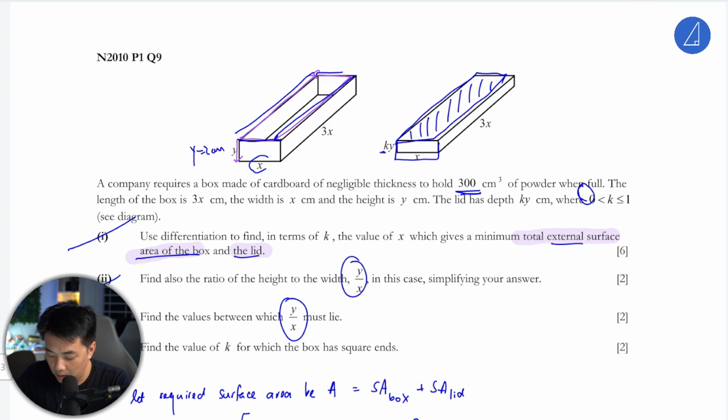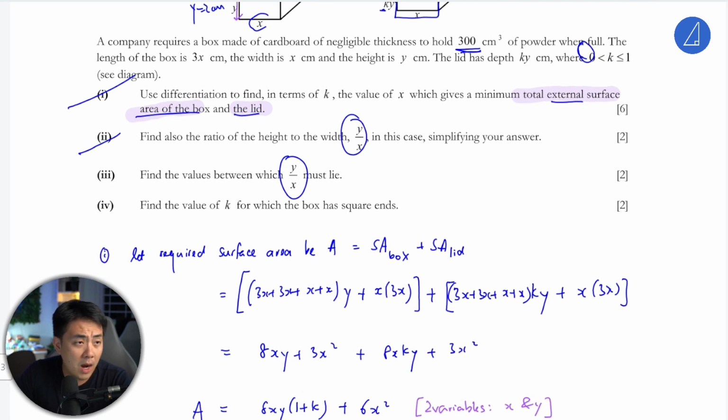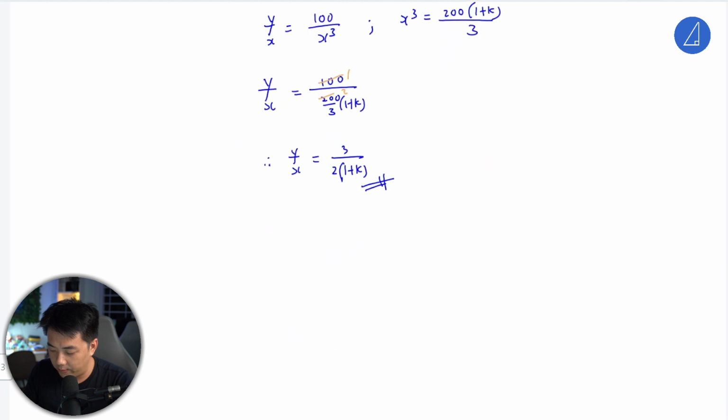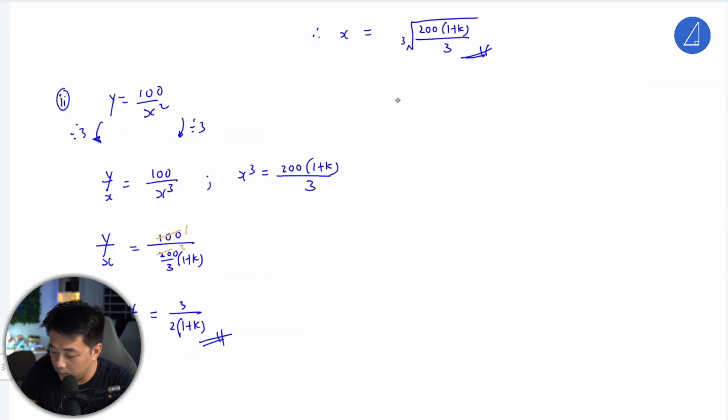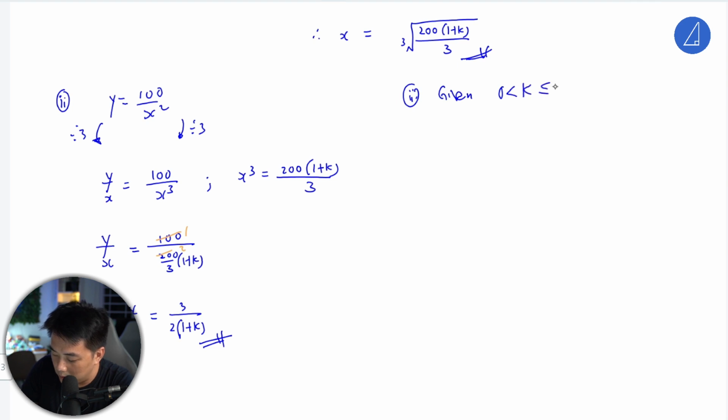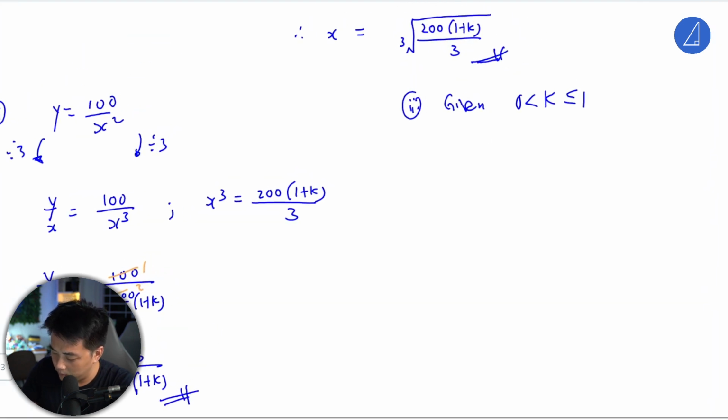So in this case, they want to find the values between which y over x must lie. I'm going to start with 0, because I've already gotten this right. So let's try part 3. Given 0 less than k less than or equal to 1, what we need to do is add 1 to both sides.